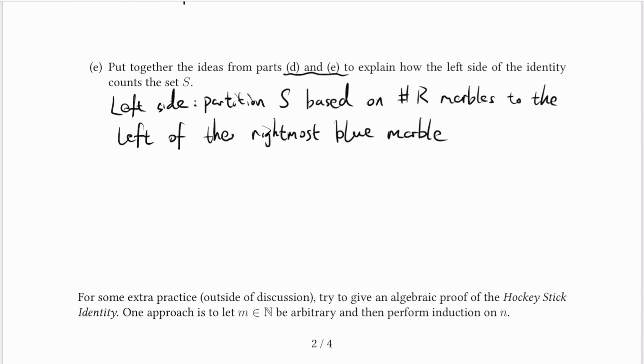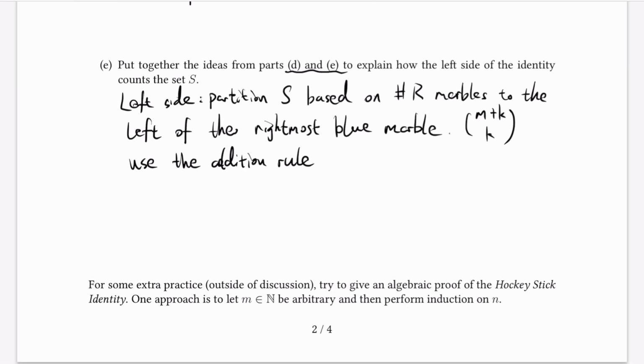To count how many elements are in each partition of the set S, we have the binomial coefficient m plus k choose k. And after we partition the set S, we use the addition rule to add the number of elements in each partition of S together, which is the sum of k from 0 to n of m plus k choose k.